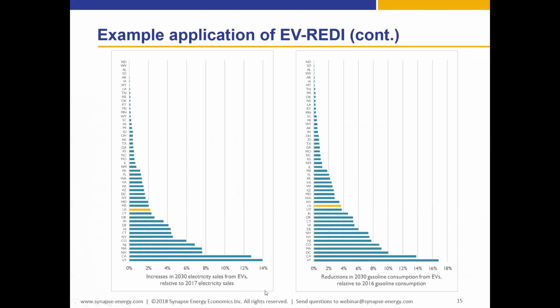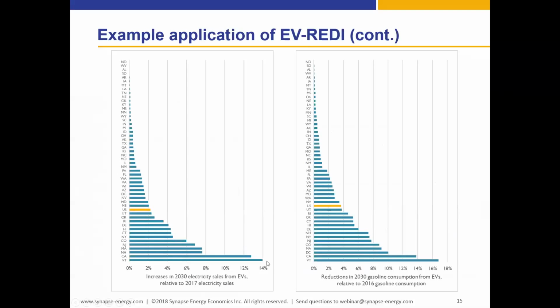The first chart over here shows essentially the electricity sales impact from EVs by state. And the way I've chosen to show it is describing the electricity sales as increases relative to today's electricity sales, by 2030, that is.